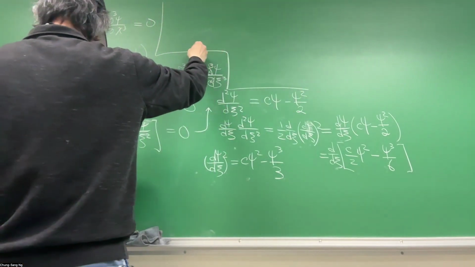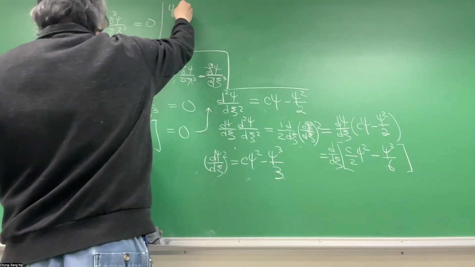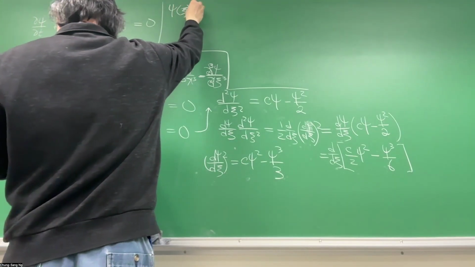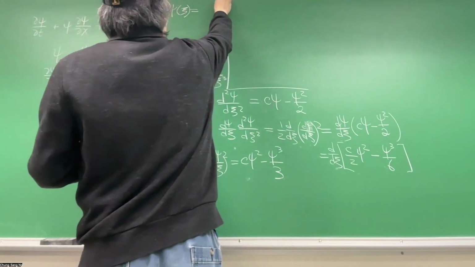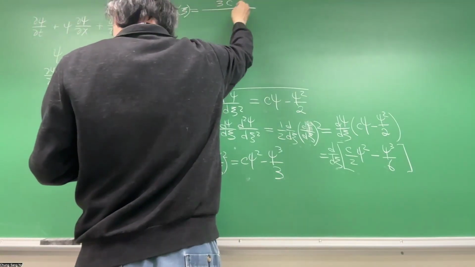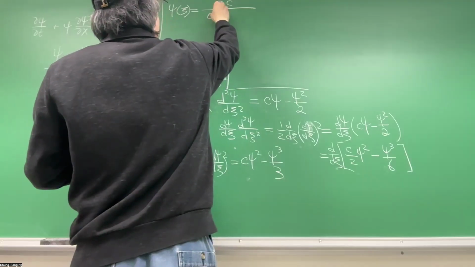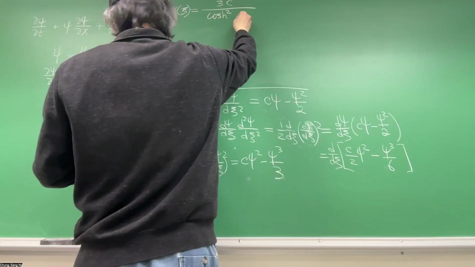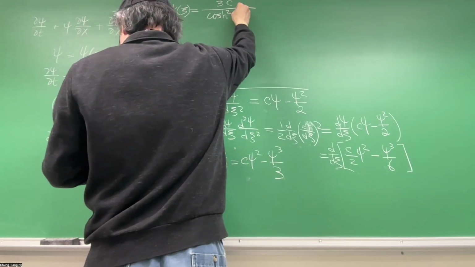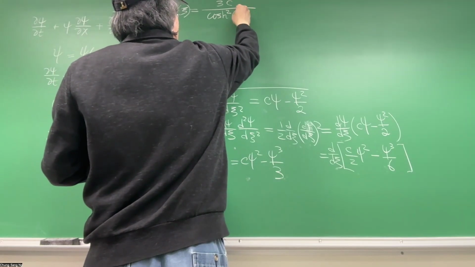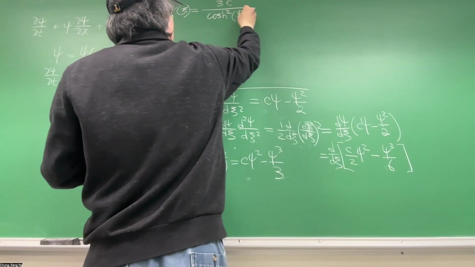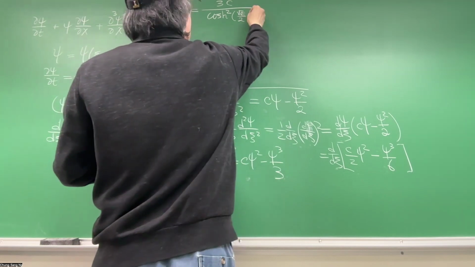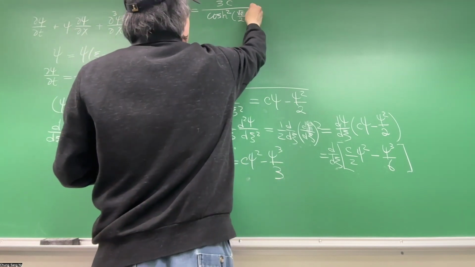So the solution given in your textbook is, right, psi of x minus ct equals 3c divided by cosh squared of square root of c over 2 times x minus ct.